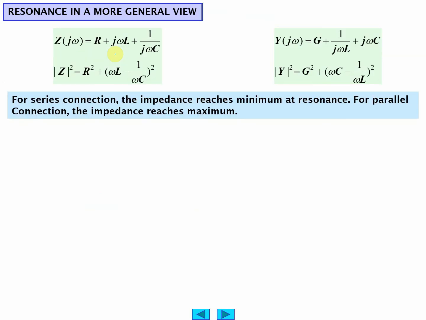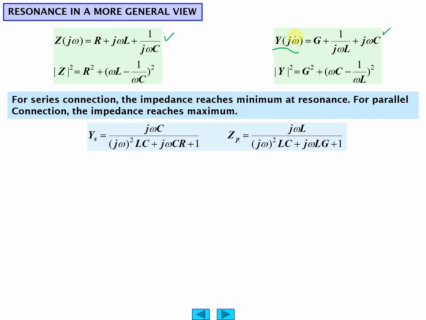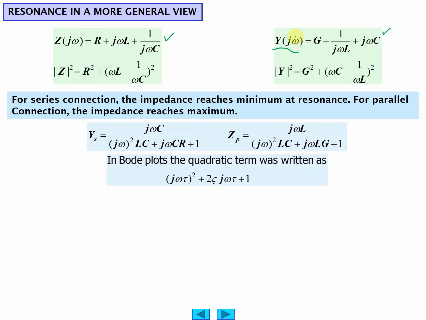Okay, taking a general look, here is, for a series circuit, the equation, and the admittance for a parallel circuit. Impedance is a minimum at resonance for the series, and for a parallel the admittance reaches a minimum. So we write down the equations.